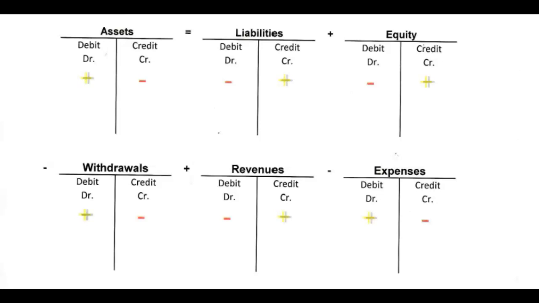You might have accounts payable, you might have a mortgage, you might have a note payable on a vehicle. What you owe is a liability. Equity is what's yours. How much investment do you have in those assets after you've paid off your liabilities? That's yours and that's your equity.